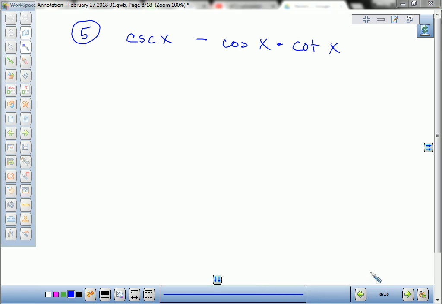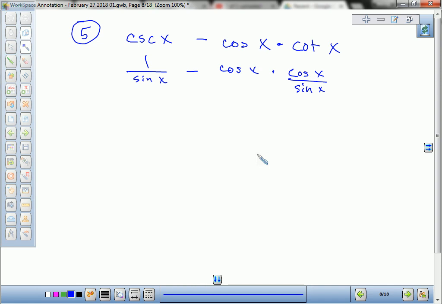You tell me, what was your approach? What did you do? Same thing as the other piece. All right. So did you write everything in terms of sine and cosine? Yeah. Okay, that's a great place to start. So the cosecant of x would be 1 over sine of x, and this would be cosine over sine. Okay, so where'd you go now?